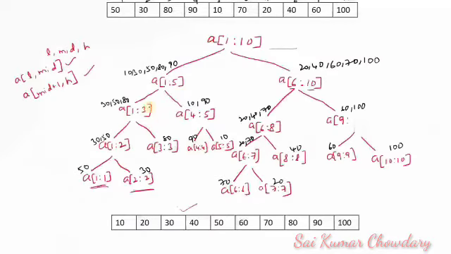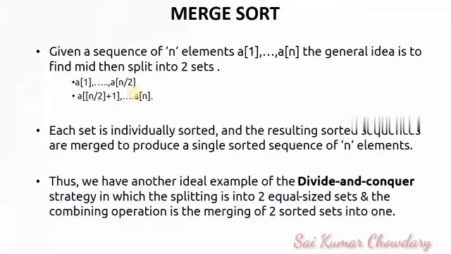The meaning here is, this set is individually sorted and this one, and this is sorted 30, 50, 80, sorted, 10, 90 sorted. Now these two are again sorted to get this. So that is the thing he is explaining here. So the resulting sorted sequences are merged to produce a single sorted sequence of n elements.